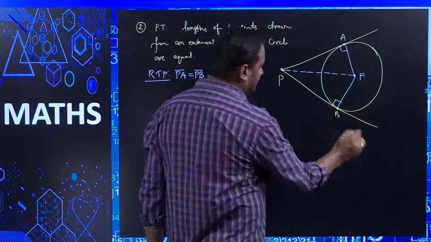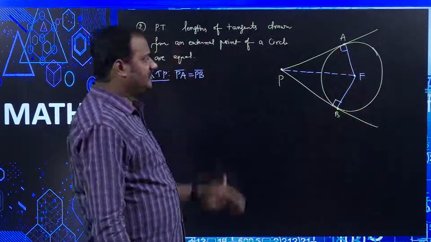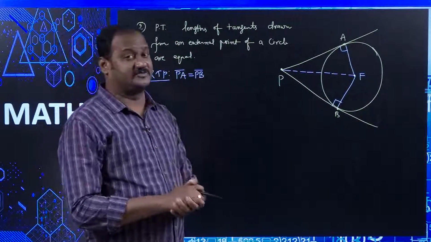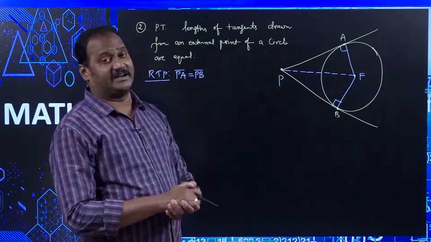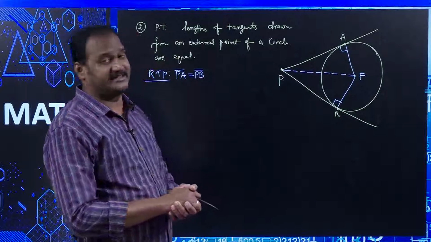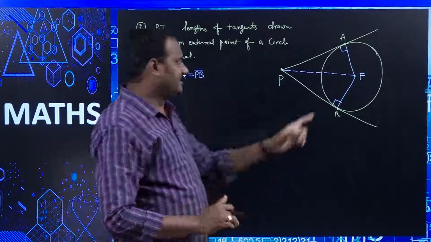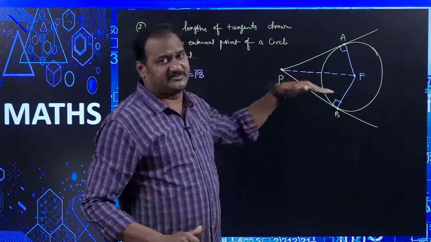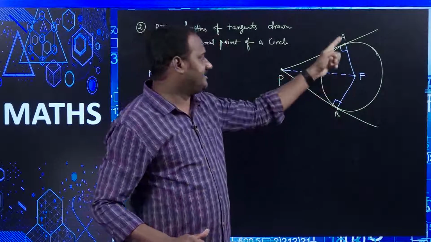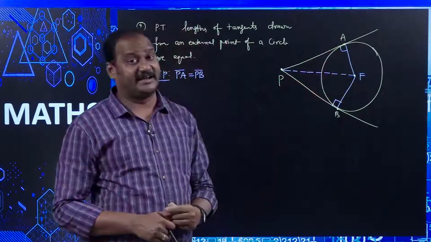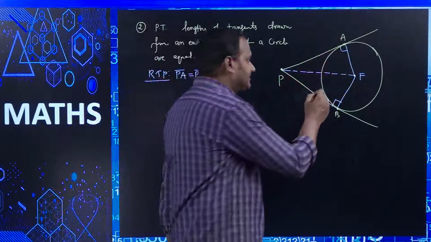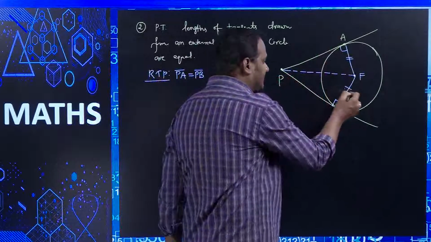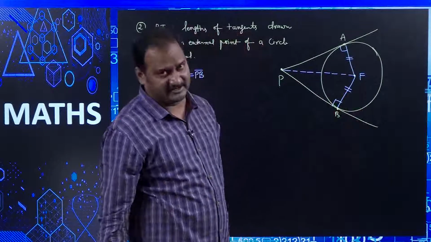Now observe both triangles. They are congruent by RHS congruence. Right angle is equal to right angle, the hypotenuse is common to both triangles, and AF is equal to BF, that is, radii.